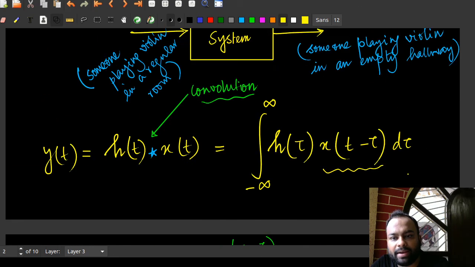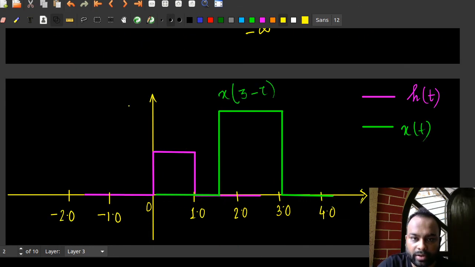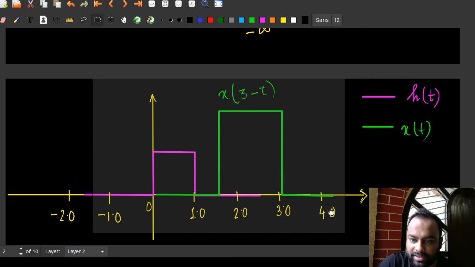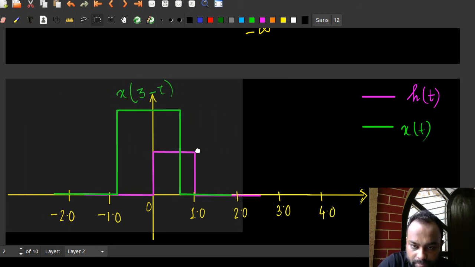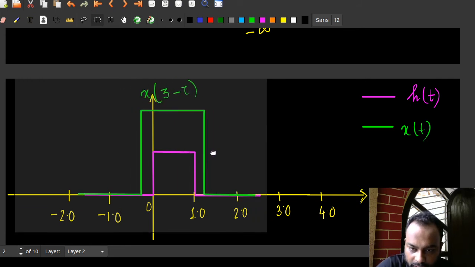So let me go back and put a generic case in this, so that those who are following these handouts would have something to refer to, right?